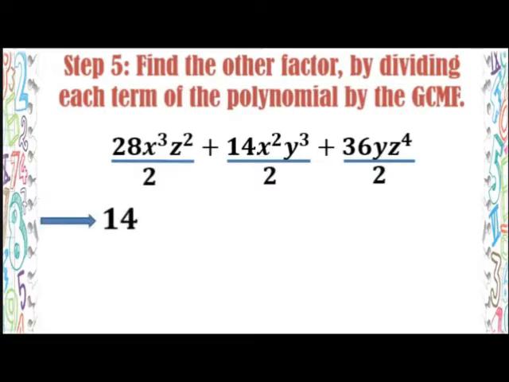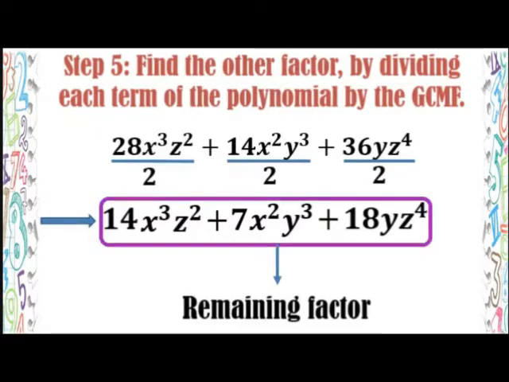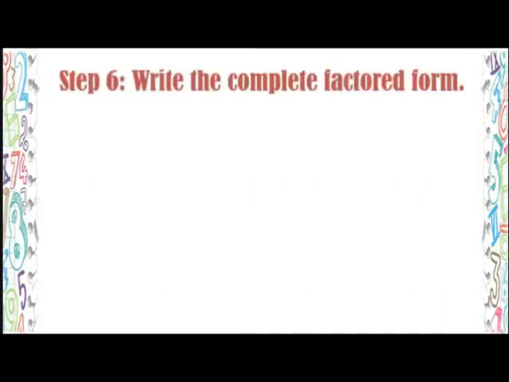Now, since there is no variable in the divisor, we will bring down the variables of the dividend. So bring down x cubed z squared, and then plus 14 divided by 2 is 7. Bring down x squared y cubed plus 36 divided by 2 is 18, then yz raised to 4. So this is the remaining factor.